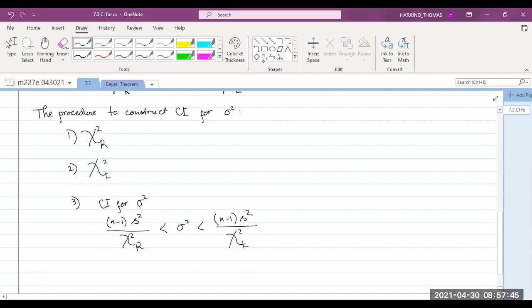Now, chi-squared distribution is a non-symmetric, non-negative distribution, skewed to the right.